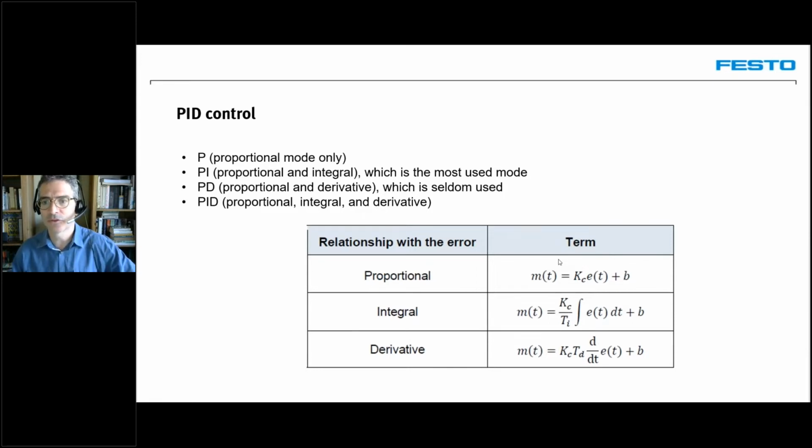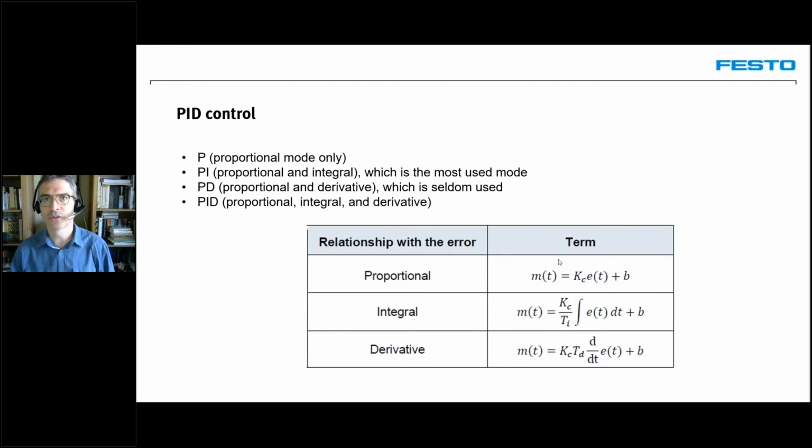So first of all, what is the error? The error is always the difference between the current value of the parameter we are controlling and the desired value. Let's say that I want to be at 50% level in my water tank, and currently the water level is at 40%, then 50 minus 40, my error is 10%.